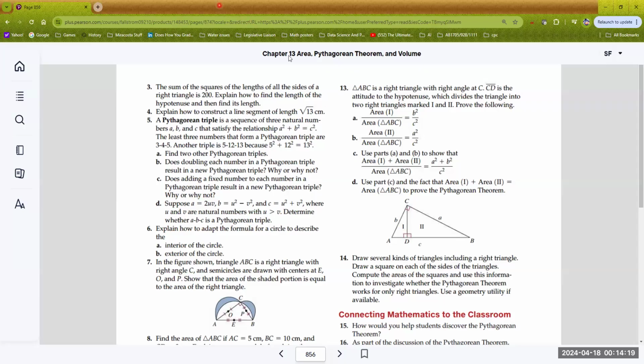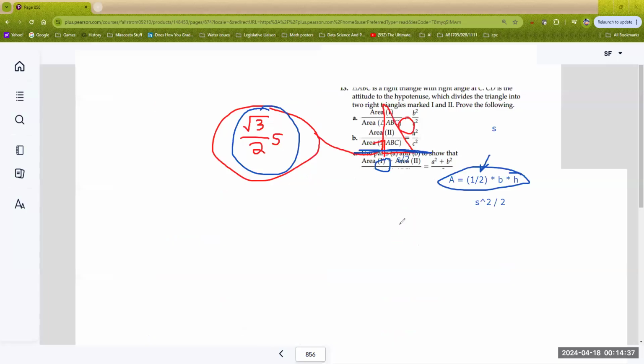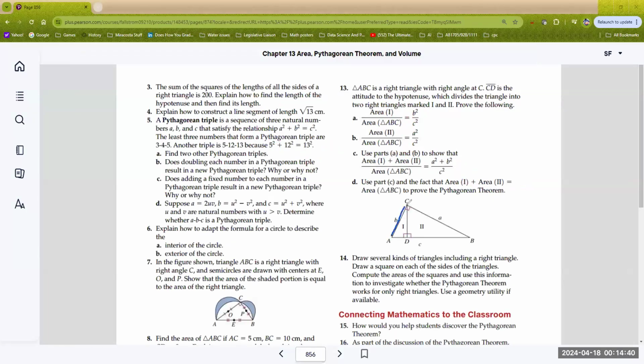So what they're going to use here is the fact that when you have linear measures, like the side lengths, if you take this small triangle right here, the hypotenuse is B. If you take the bigger triangle right here, which is similar because they share this angle down here and they also share a 90-degree angle, but its hypotenuse is C. Therefore, the ratio of sides between two similar triangles is B over C. That's the ratio of sides.